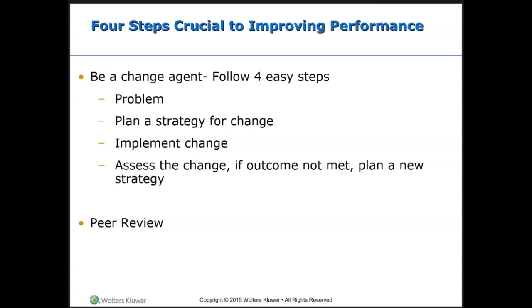If the change is still not to your expectations, then you're going to plan a new strategy and try again, right? Your fundamental textbook gives some really good examples of the steps in this performance improvement process, right? So take a moment, pause the video, and look through those, because again, they're going to give you specific patient examples, which is how you train your brain to critically think, right?